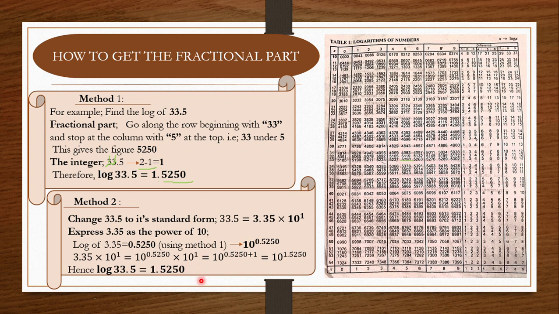Remember our laws of indices: when you are multiplying two index numbers, you add the powers. So here we're adding the powers 0.5250 plus 1, which equals 10 raised to 1.5250. So the power now is our answer. The power is 1.5250, hence the log of 33.5 equals 1.5250.